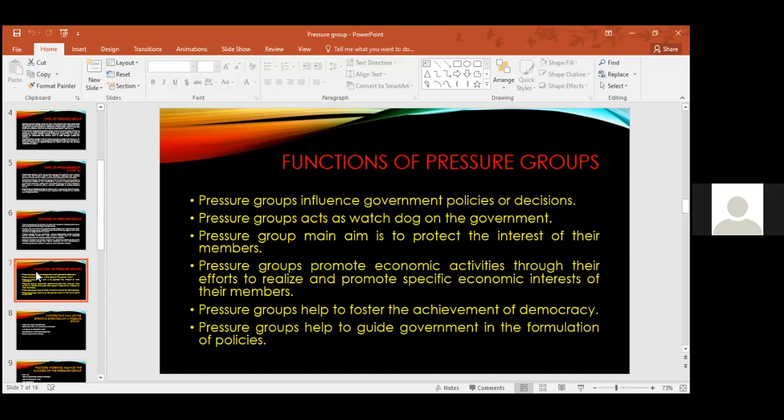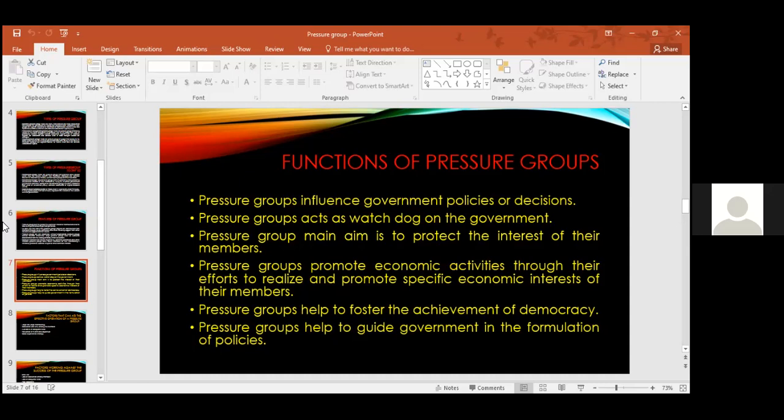Currently, ASU wants a particular amount to be paid to them, and they're also asking for some other things. They believe that these things they're asking are the interest of the members, so they are standing on it. They want to protect the interest of their members, so they are demanding from government to do this. That's why they're on strike. So that is one of the functions of pressure groups: to protect the interest of their members.